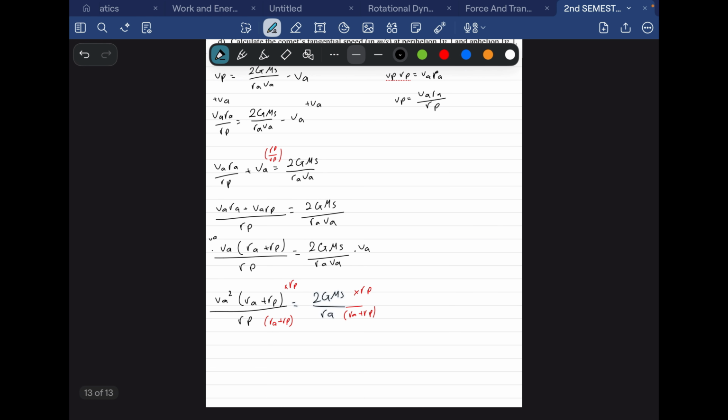So you get this: 2G M sun, and then R perigee all over RA, then R apogee plus R perigee. Then square root both sides, right? So VA is equal to that, okay? Then I'll plug in all the numbers.